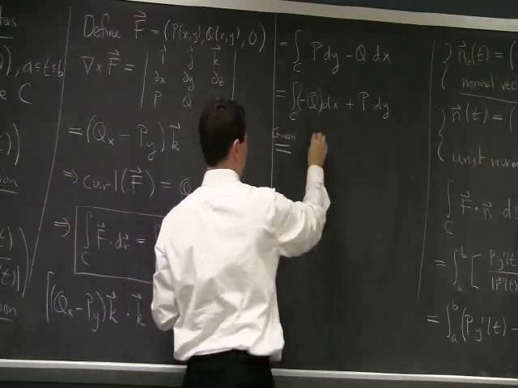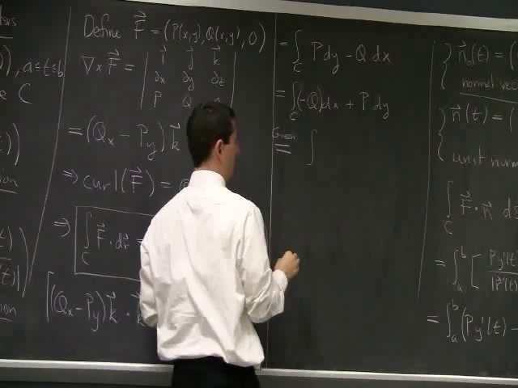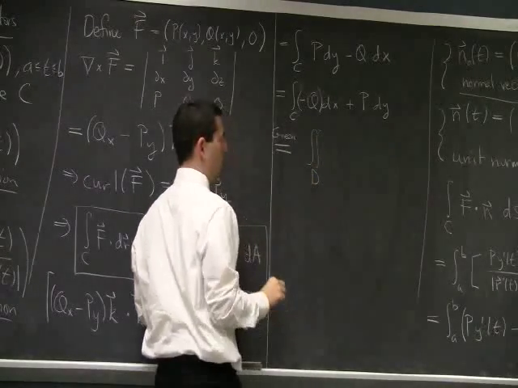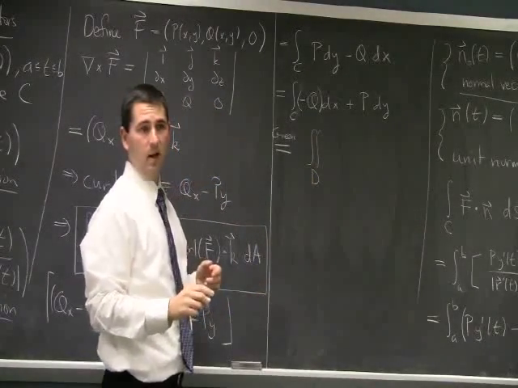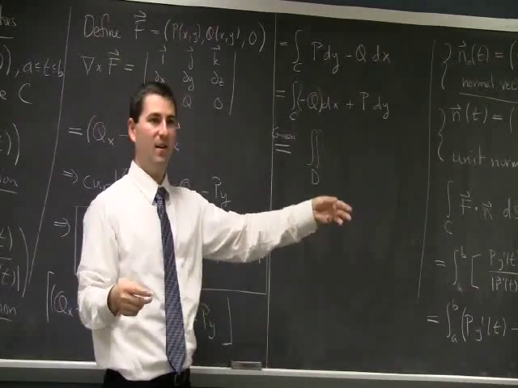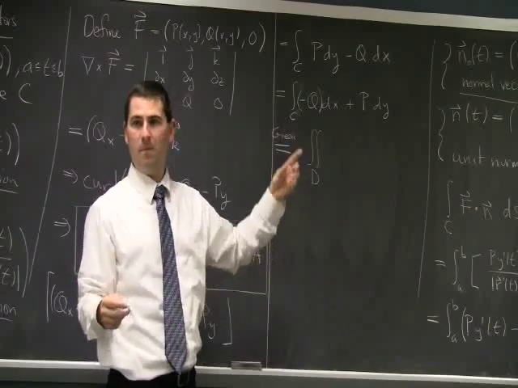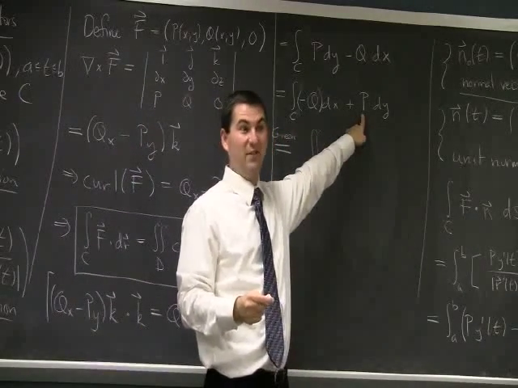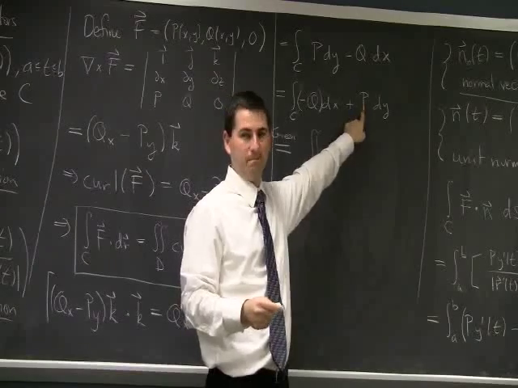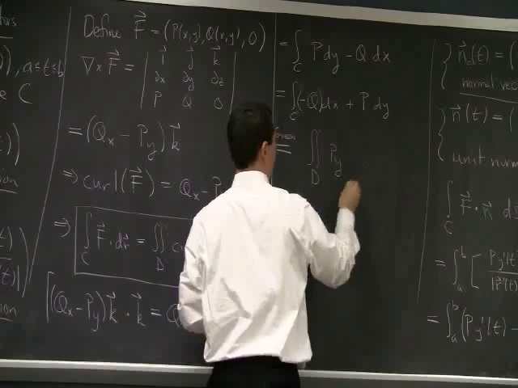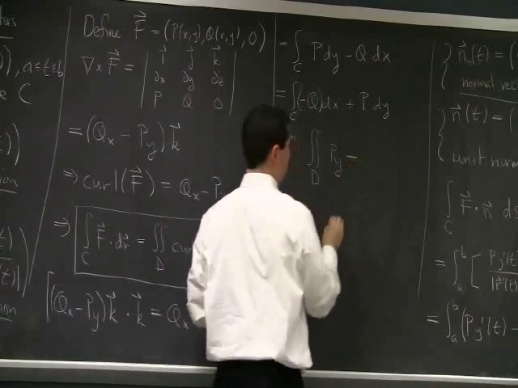I can write this as the double integral over D of, well, it's supposed to be qx minus py. Well, there's a new q in town. The new q is p. Yeah, just like Thursday's the new Friday. Yeah, p's the new q. Okay, so you do py, and then you have to do minus qx.